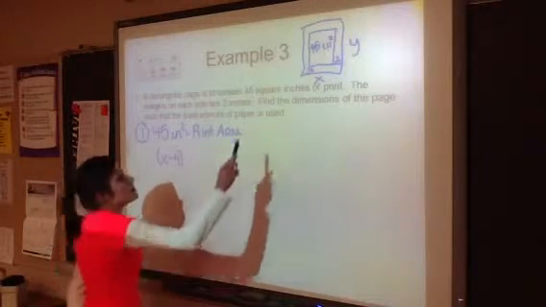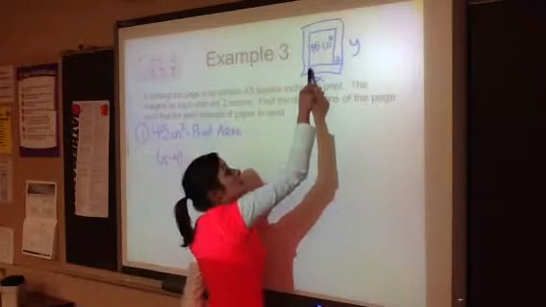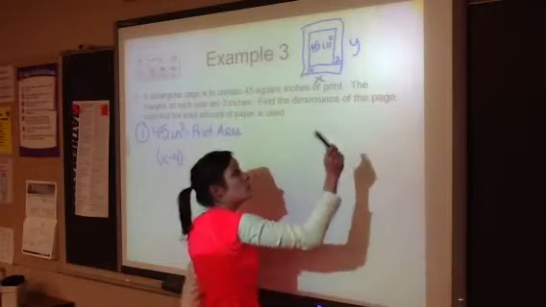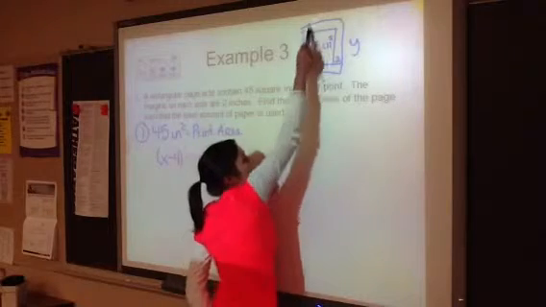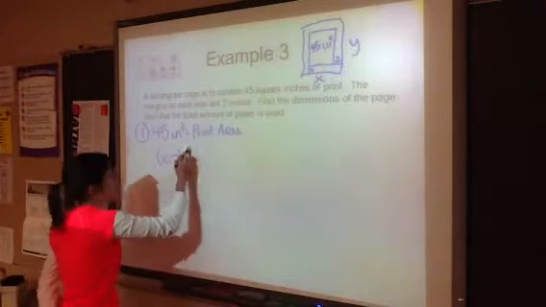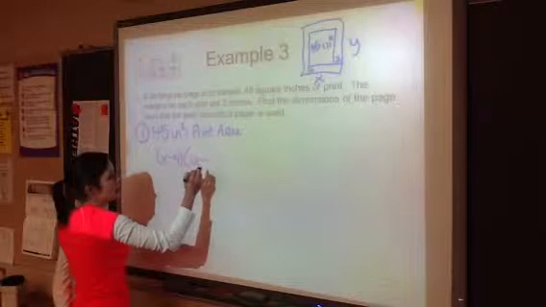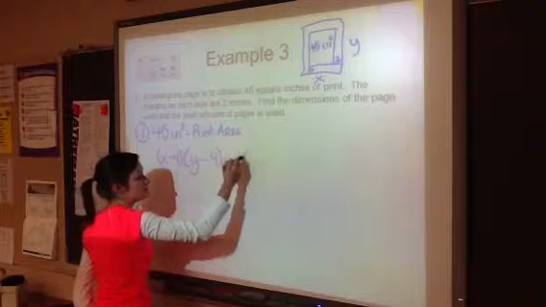Alright. This would be Y. Here would be Y minus 4. You might ask, why am I subtracting 4? We have a margin of 2 and a margin of 2, so we have to take that away. So our printable area is equal to that.